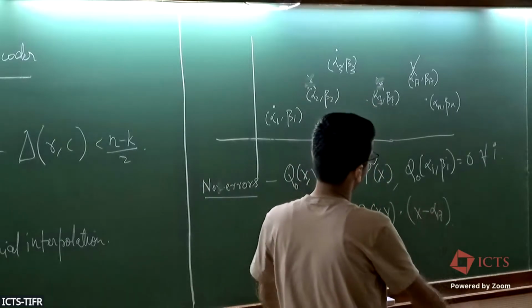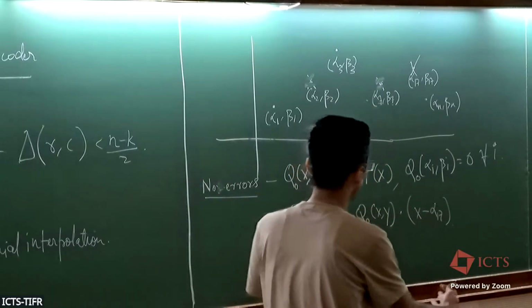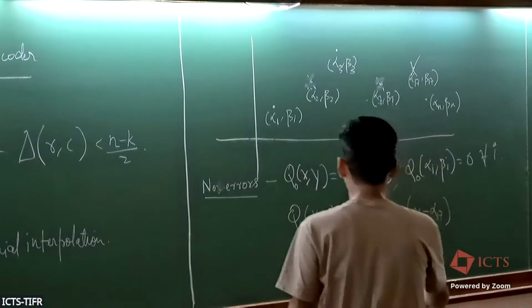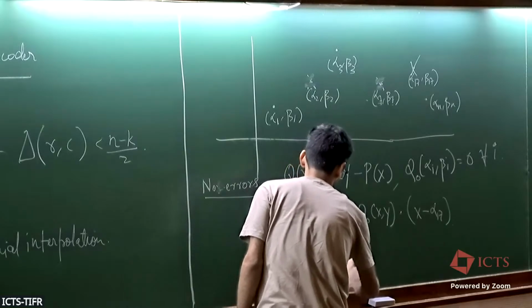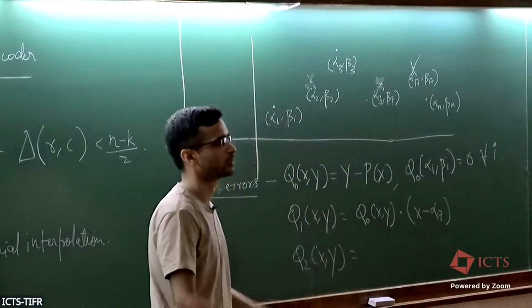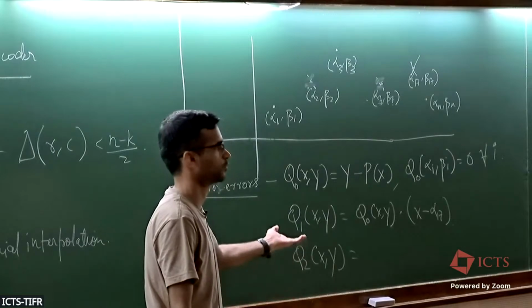One observation that we can make from this is that, by the way, how does this generalize? What about the case when there are many points where there is an error? How do we generalize this?